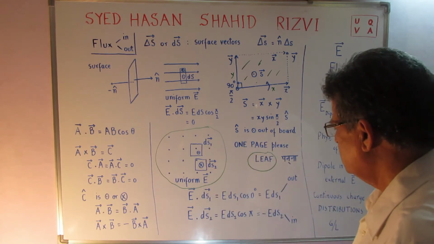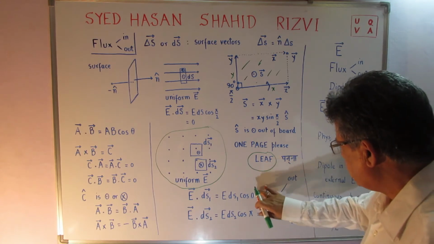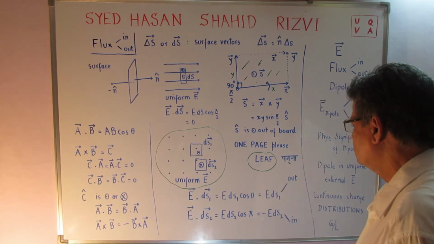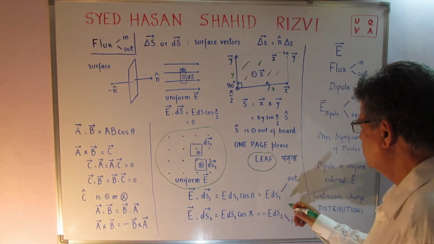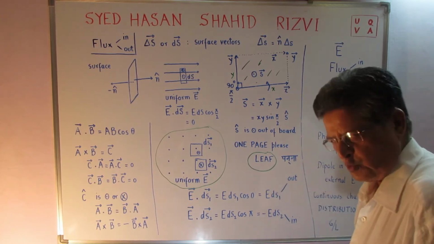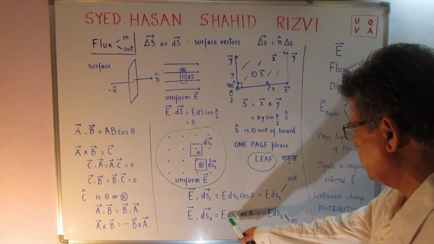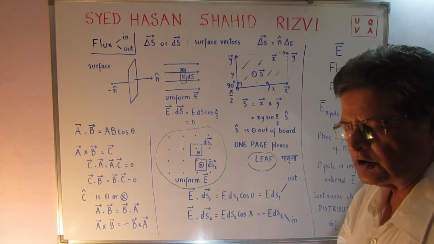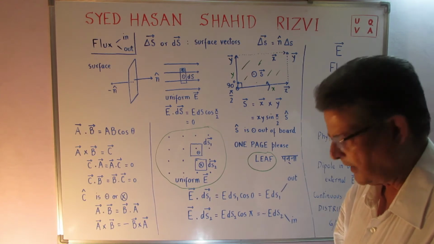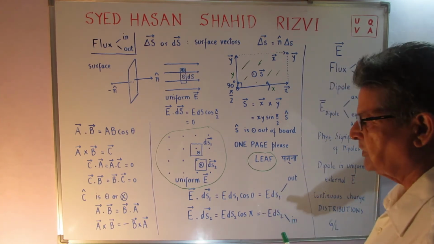E ds1 is equal to E ds1 cos of 0, which is cos of 0 degrees. Okay, E ds1. This is when the flux is out. And for the surface ds2, E ds2 cos of pi, and cos of pi is equal to minus 1. So in that case we say that the flux is in.